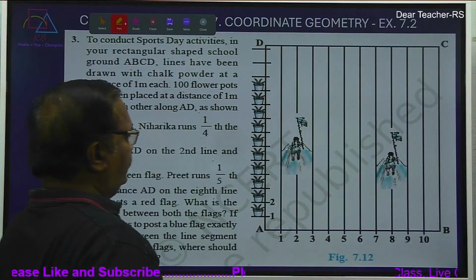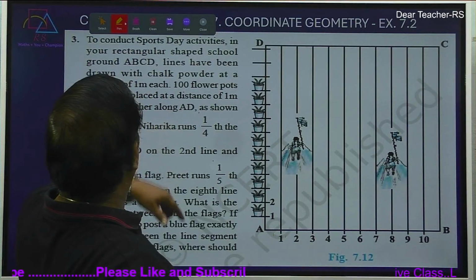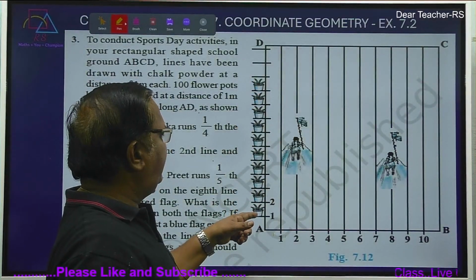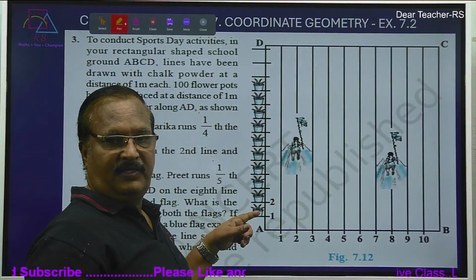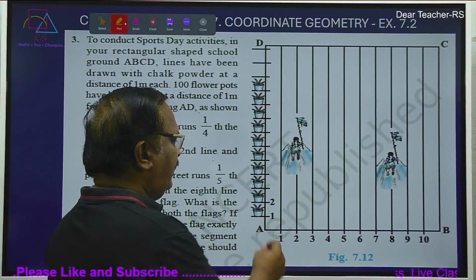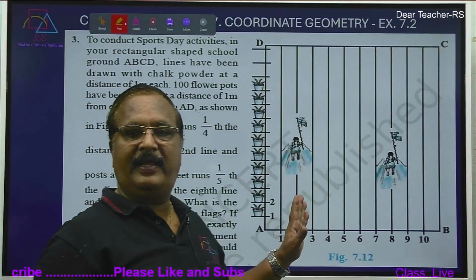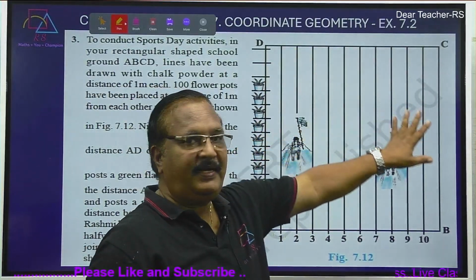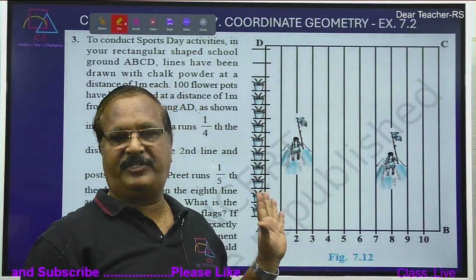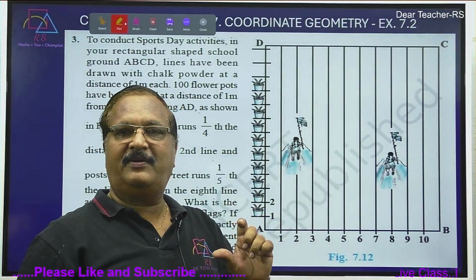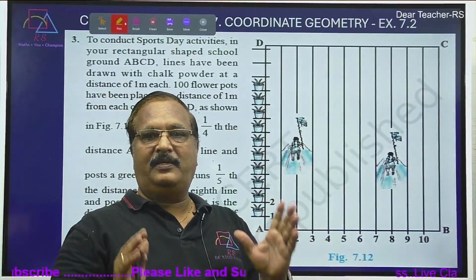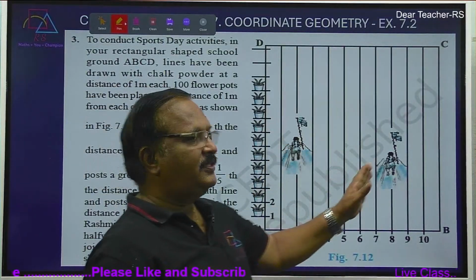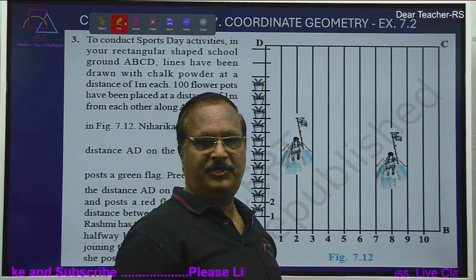And 100 flower pots have been placed at a distance of 1 meter in each line. Now 10 pots are placed here, and similarly 10 pots on every line. So total 10 lines, 100 pots. So that means completely it will be looking like a graph sheet. 1 unit means 1 meter is the unit. Here the flower pots are not placed everywhere, two children were placed here.